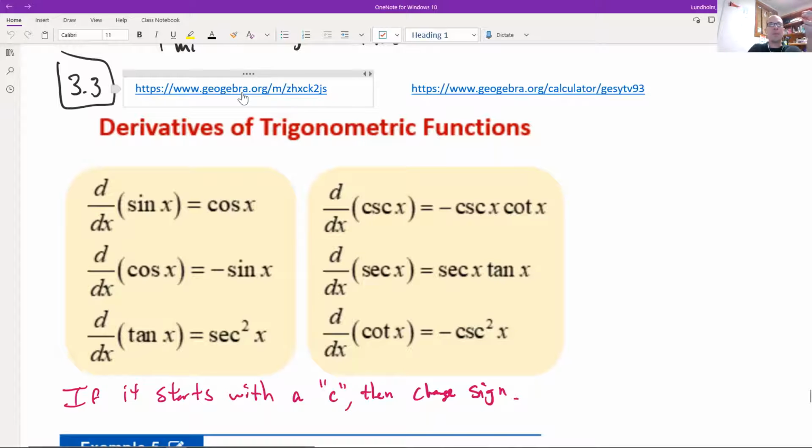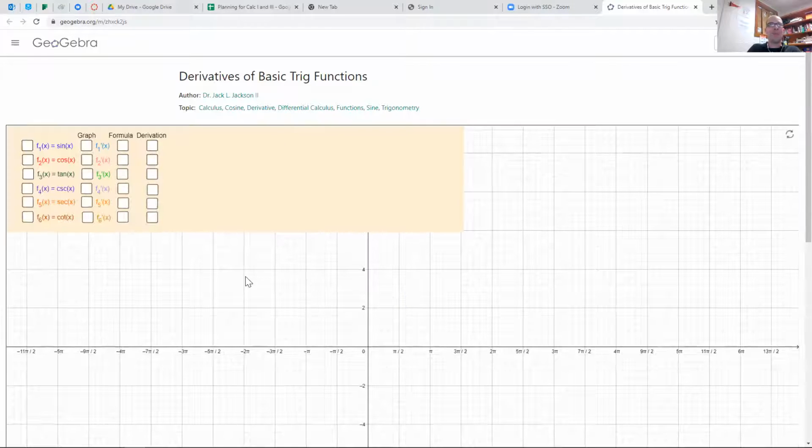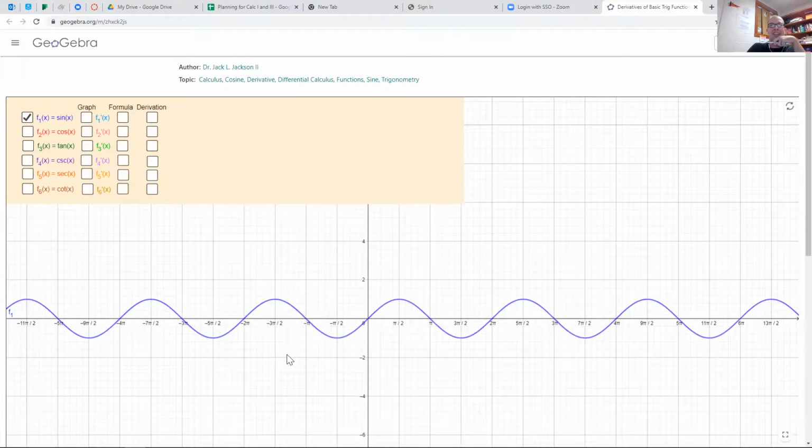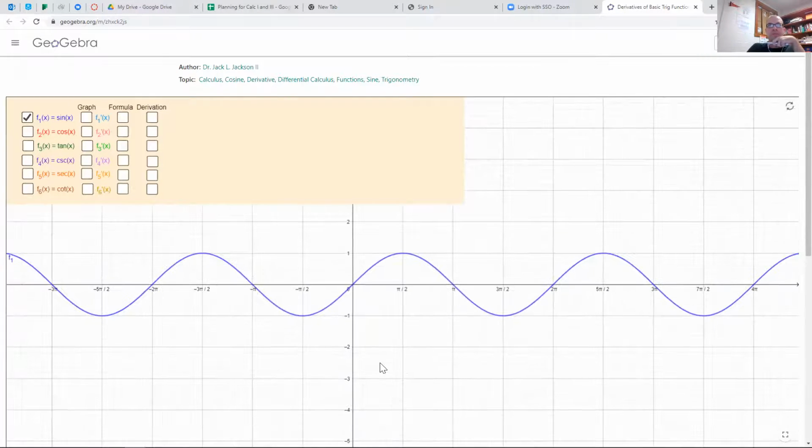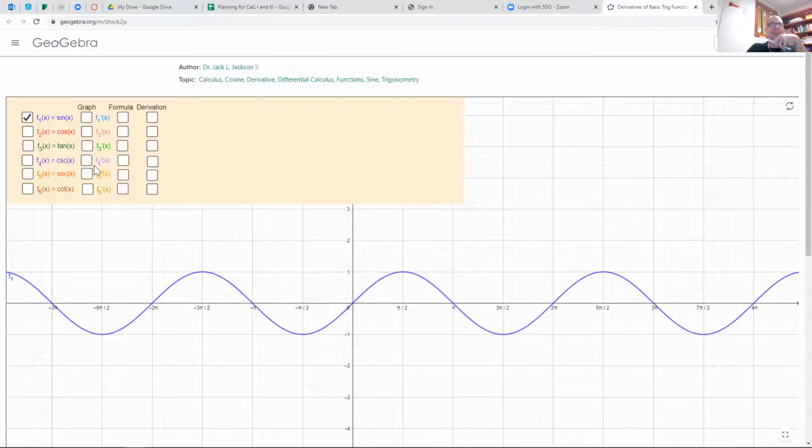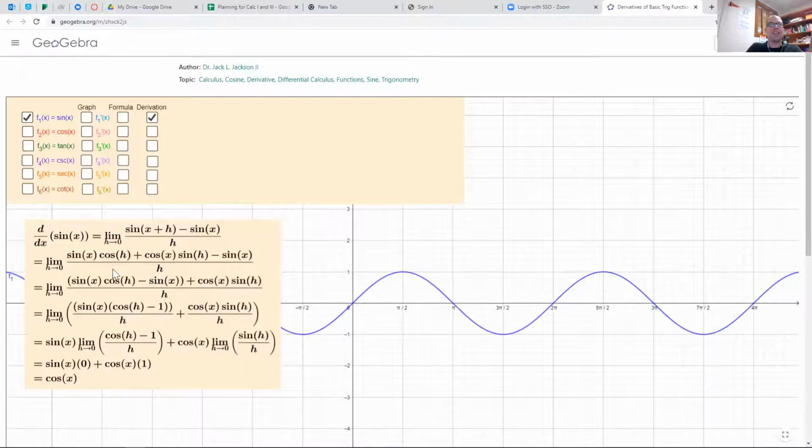And there's a couple different ways of understanding how these come about. The first way, now I didn't make this one, Dr. Jack L. Jackson II made this. But it was something that was nice and already made. But here's our sine function. And if we wanted to come up with the derivative for the sine function, we could use the limit definition. And this is what the limit definition looks like.